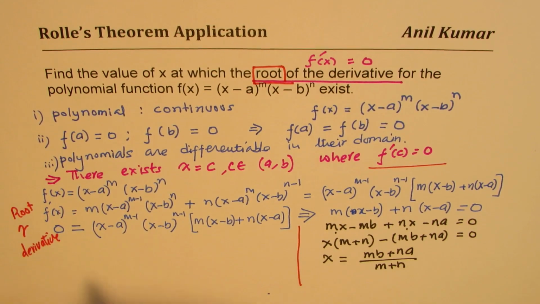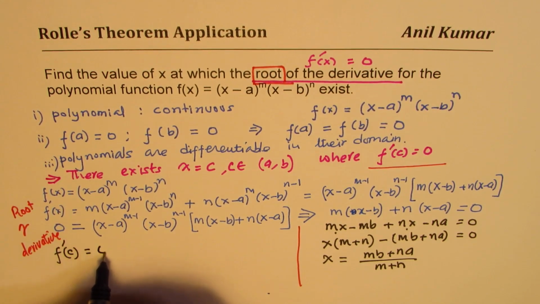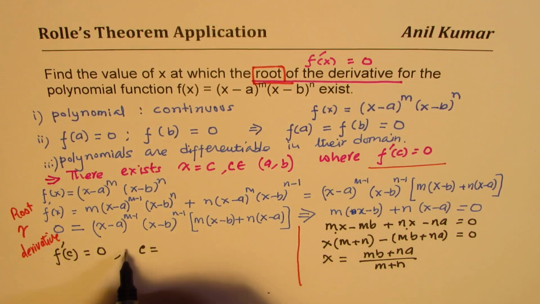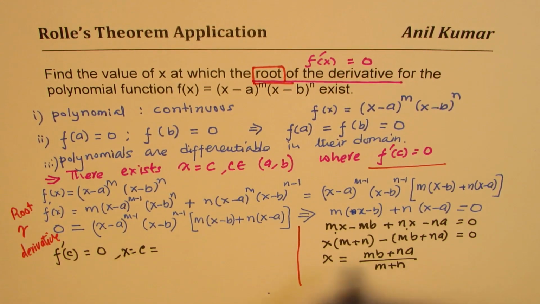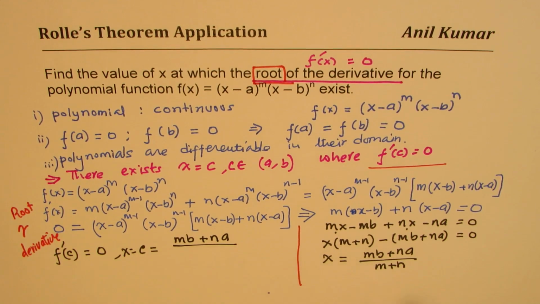So for us, f dash of c equals 0, where c is basically equal to this, right? So x equals c, which we are saying is this value, which is (m times b plus n times a) over (m plus n).